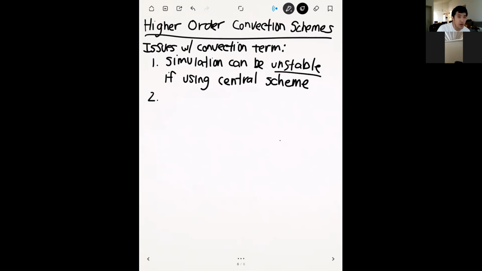But the other big problem that we saw when we covered this in finite differences is this phenomenon known as artificial diffusion, or crosswind diffusion. This only occurred in 2D and 3D.